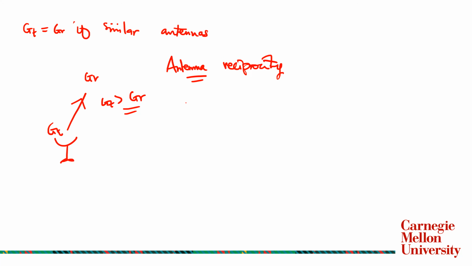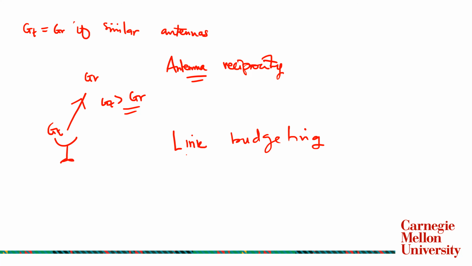All this stuff we are doing right now, thinking through the parameters that we need to add, is called link budgeting. Link budgeting means we are creating a link budget.